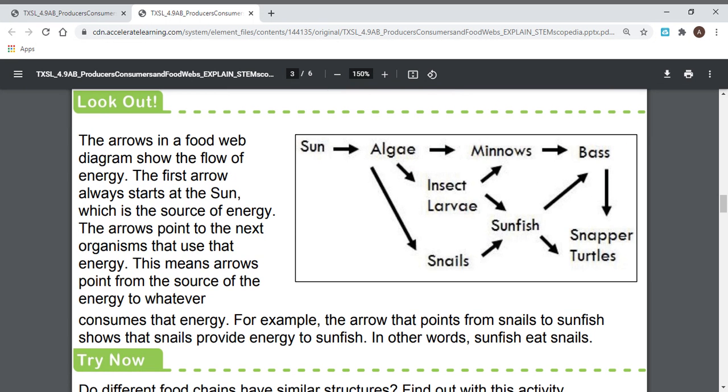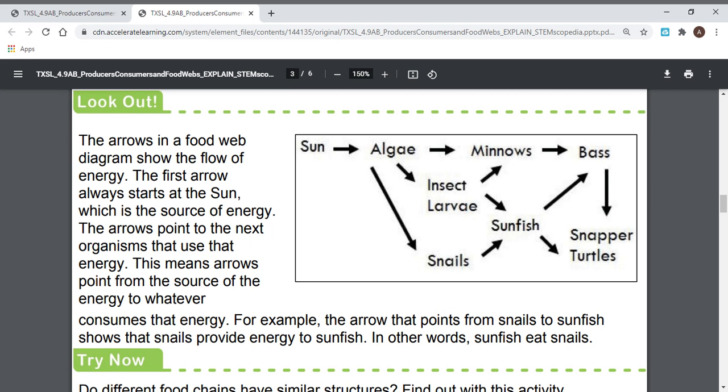The arrow in a food web diagram shows the flow of the energy. The first arrow always starts at the sun, which is the source of energy. The arrow points to the next organism that uses the energy. This means the arrow points from the source of the energy to whatever consumes that energy.